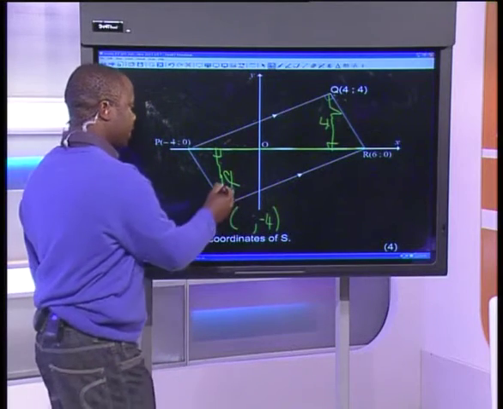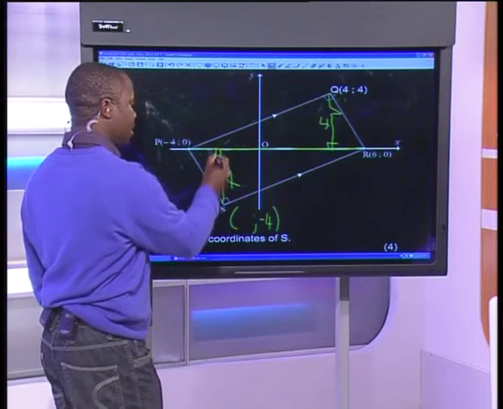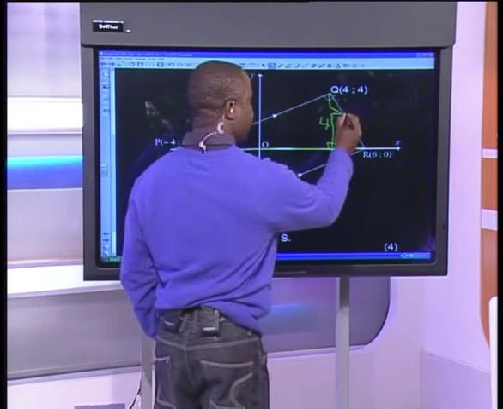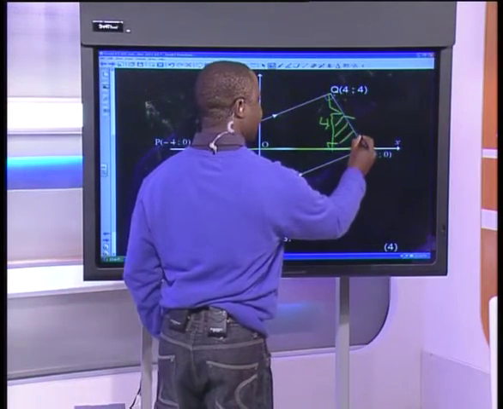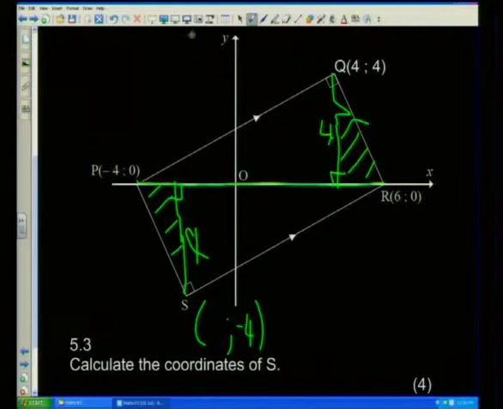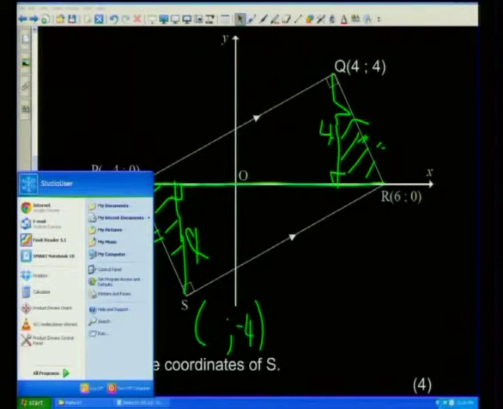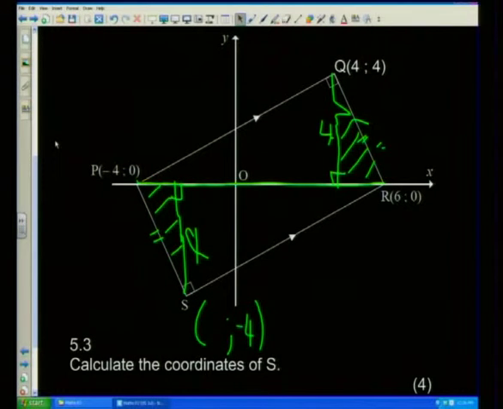The two triangles are now going to be congruent. Precisely because this side is equal to that side. QR is equal to PS. And what else is equal?